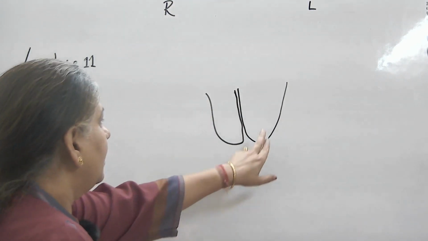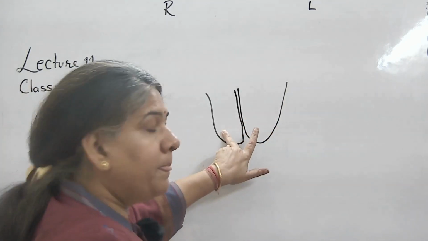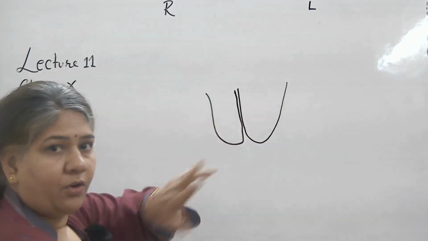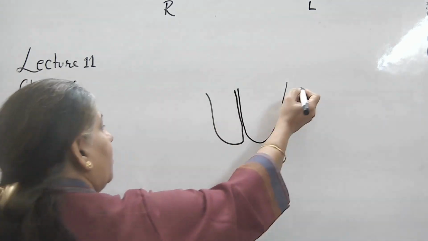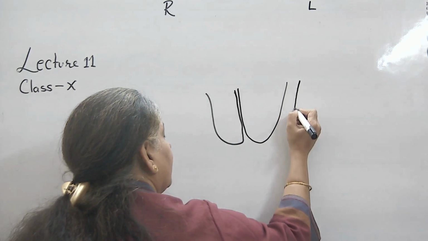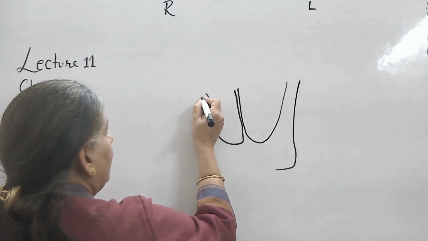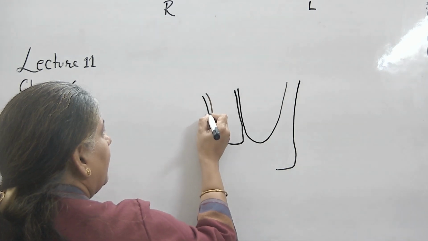Okay. The left ventricle is more muscular than the right ventricle. The chambers are of the same size, but the wall of the left ventricle is somewhat thicker than the right ventricle.